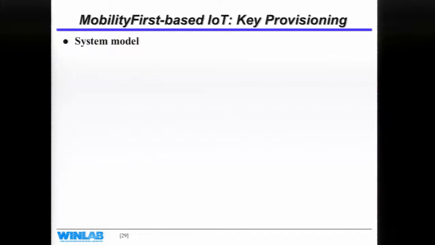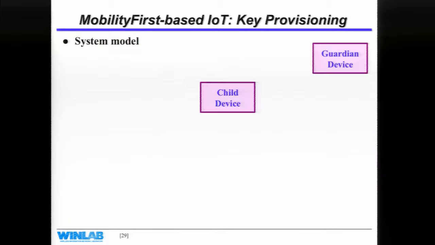This part of the work involves my internship at Intel Labs, and we have a pending patent for it. Now we have two devices. The child device is a new IoT device who wants to join the local group, and the guardian device is the local group authority, for example, the IoT NRS in the MobilityFirst based IoT.